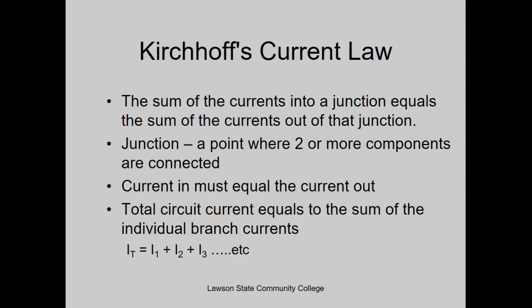Okay? Current in to any place of this must equal current out. What that means is that the current I put into this circuit is the current I should expect to find in the circuit. Okay?